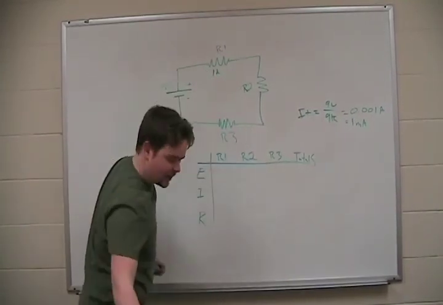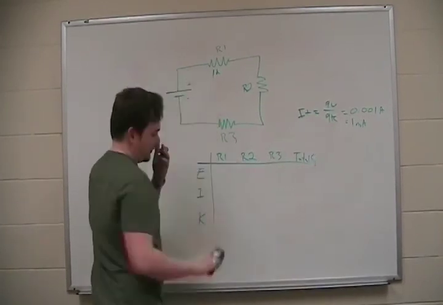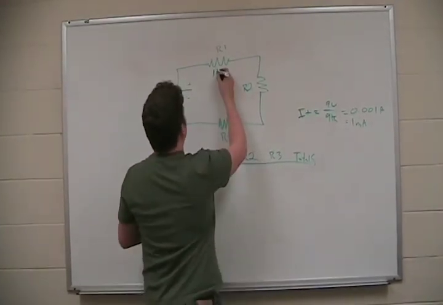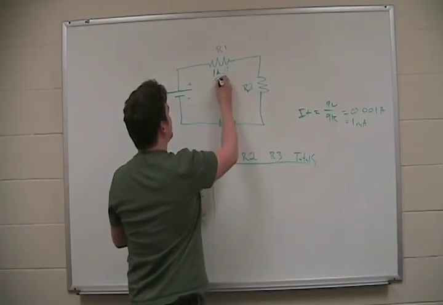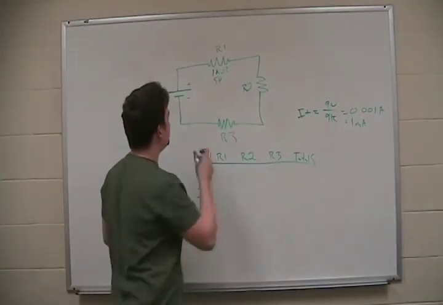We're actually going to change this again. Here's a good way of doing it. We got 1 kiloohm of resistance at R1 and 5 volts dropped along it.